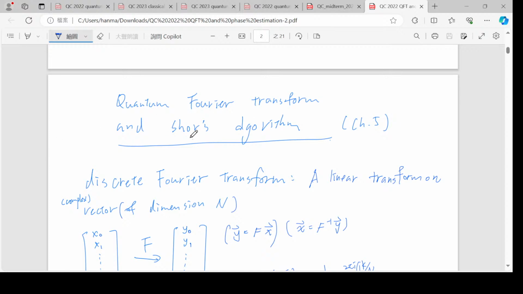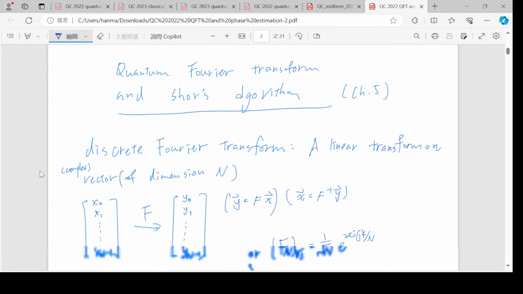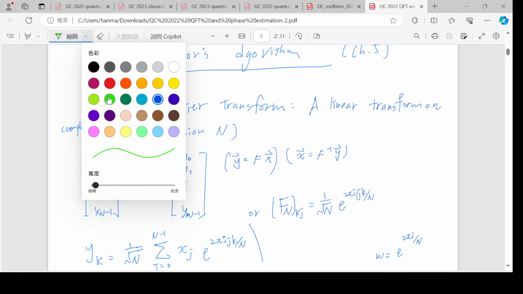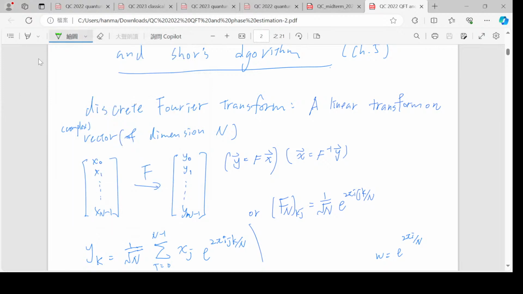But people are probably not too familiar with the Fourier transform, so let's first talk about what a Fourier transform is. Now we are talking about this classically, the classical discrete Fourier transform. So we stop thinking about quantum for a while, for about 3 slides.